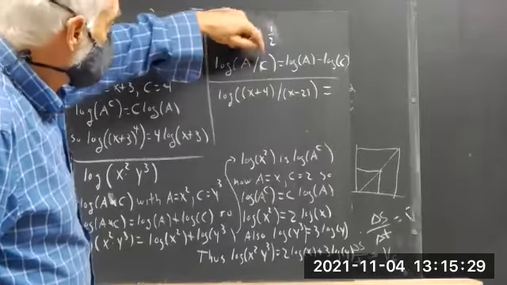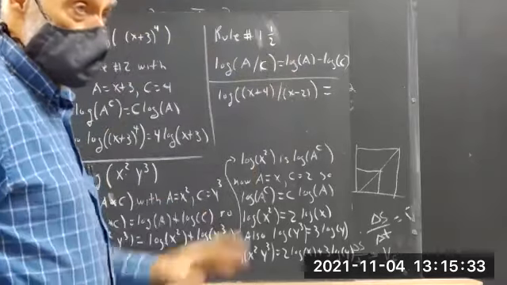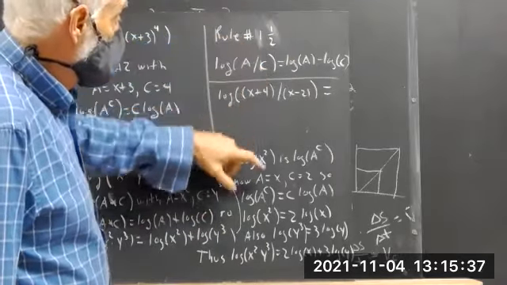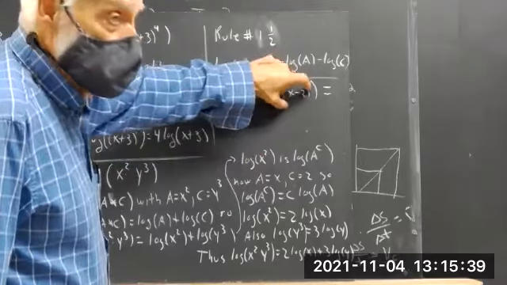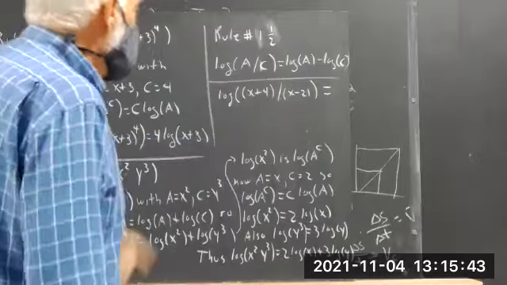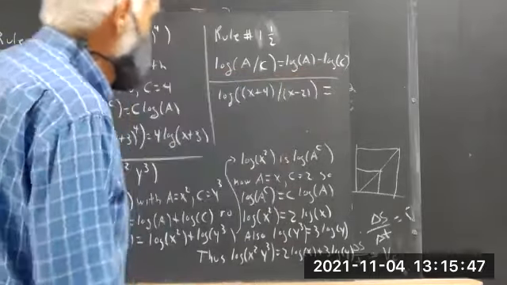A is going to be your x plus 4, and C is going to be your x minus 2. See how the form matches up. So log of A over C equals log of A minus log of C.